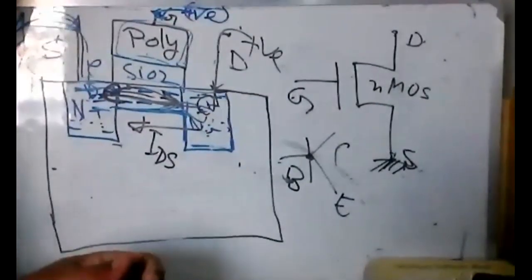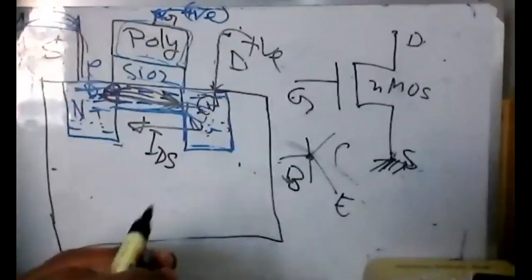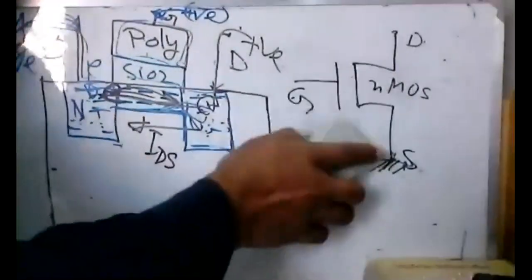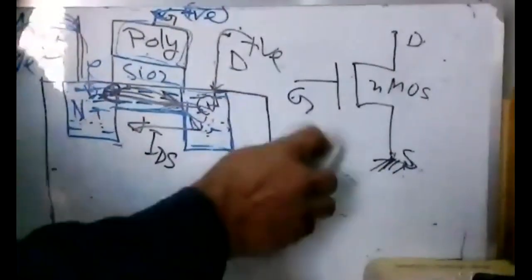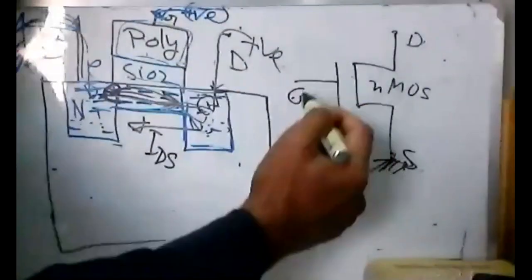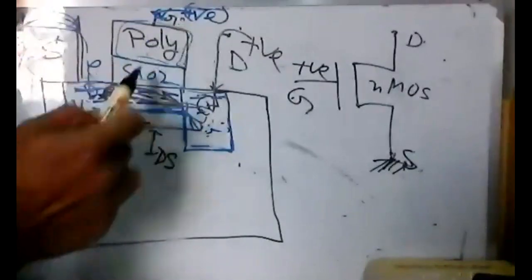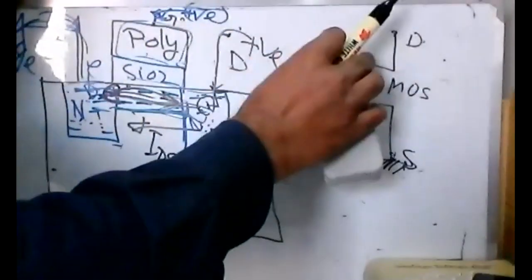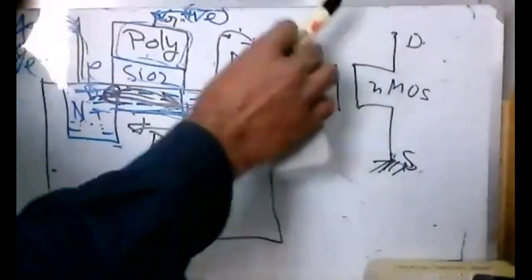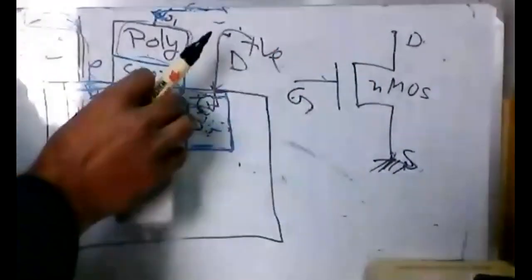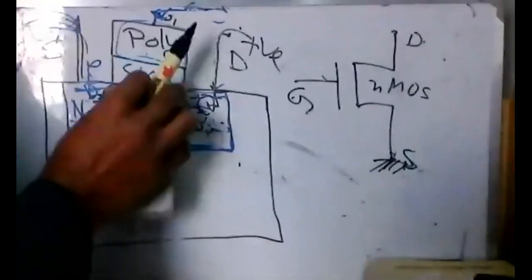Now the question is, if we put a positive voltage, what happens? We have seen that if we put a positive voltage here, a channel is there. But if we do not put any voltage, it will stay off, and there is no channel, right?